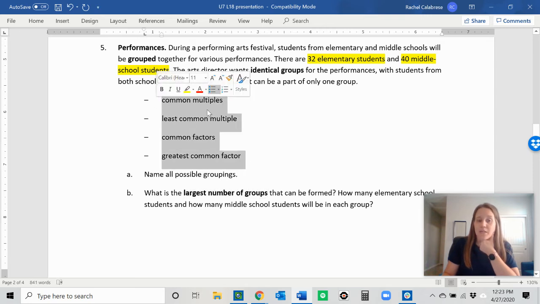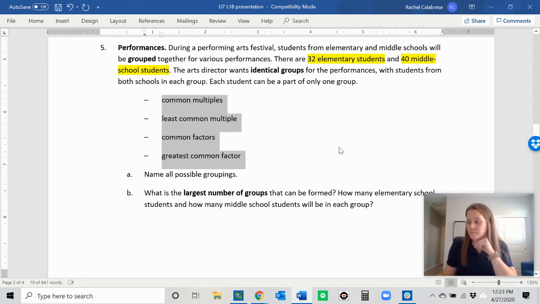What kind of mathematical work do you think we need to do to solve this problem? Remember, multiple is skip counting. So do I need to skip count by 32 and skip count by 40? Remember, factor is about dividing into both of these numbers. So do I need to find a number that I can split 32 into and split 40 into?